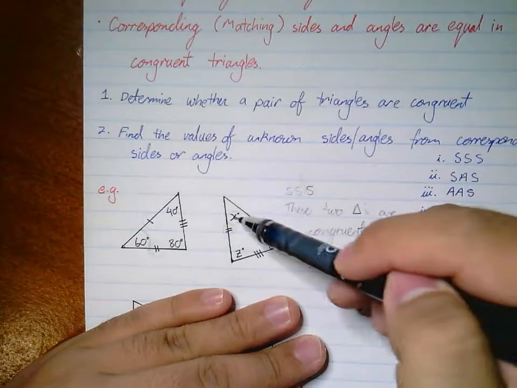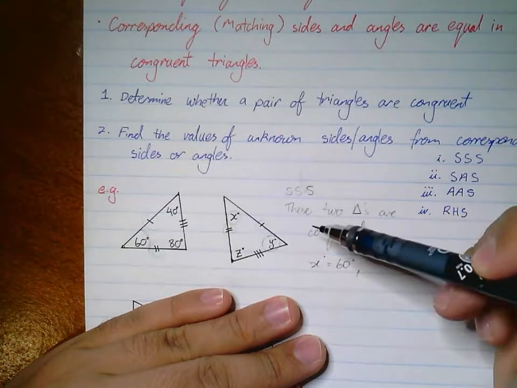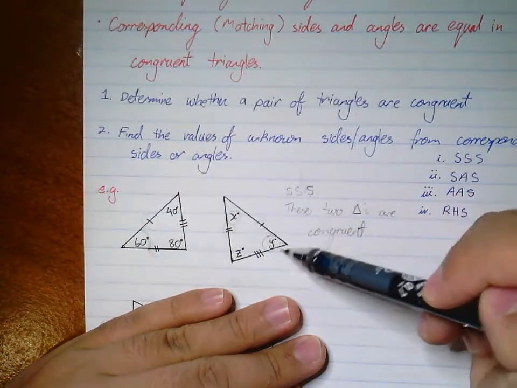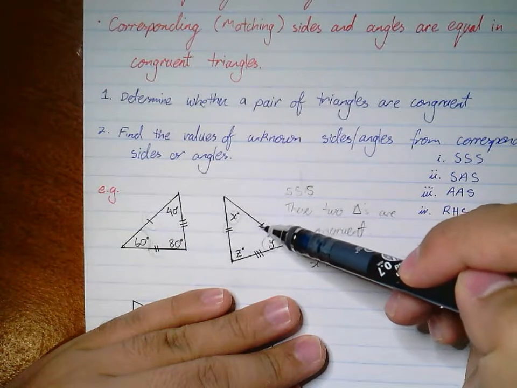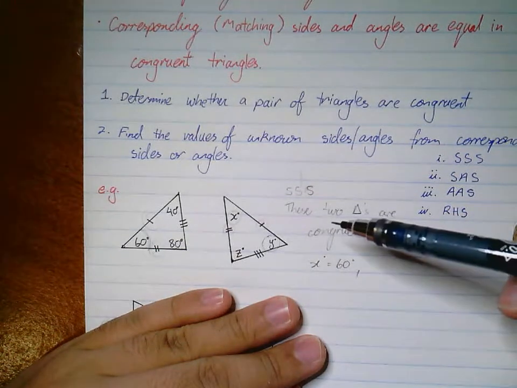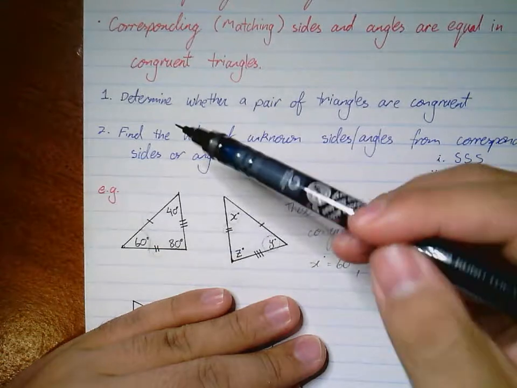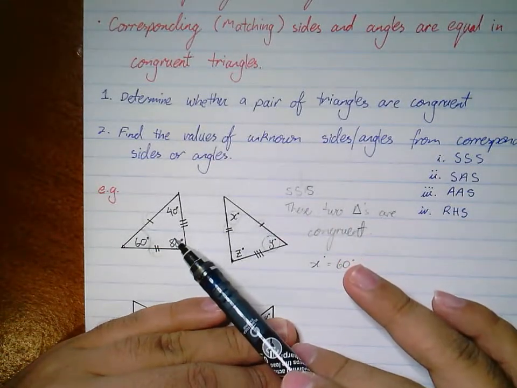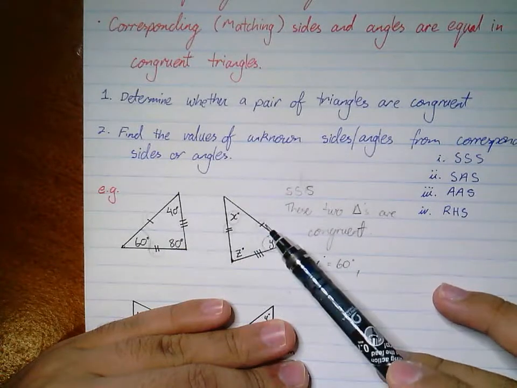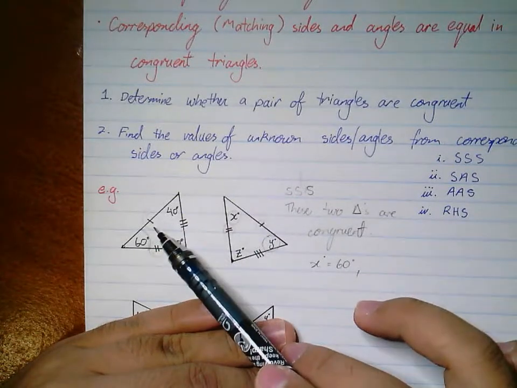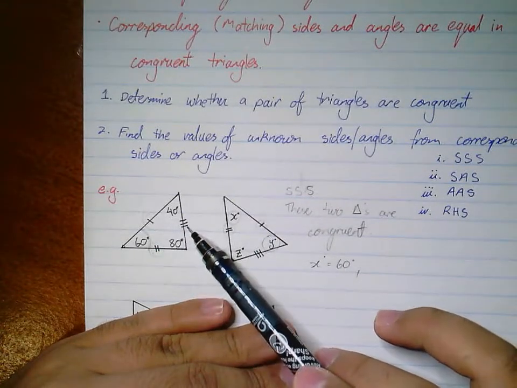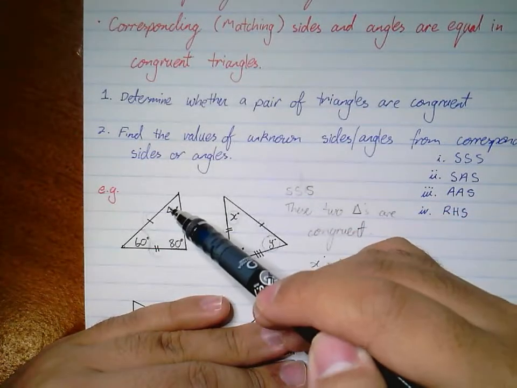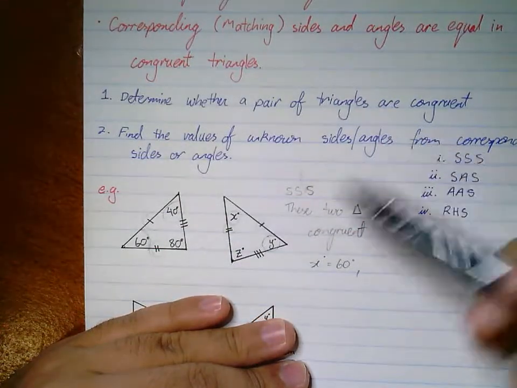Let's move to y. Y is in between the single dash and the triple dash. So if we move to our first triangle, which angle here is in between the single and the triple dash? There's a single, there's the triple. That is actually 40.